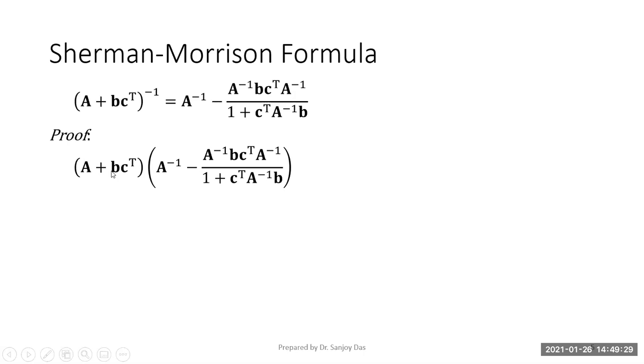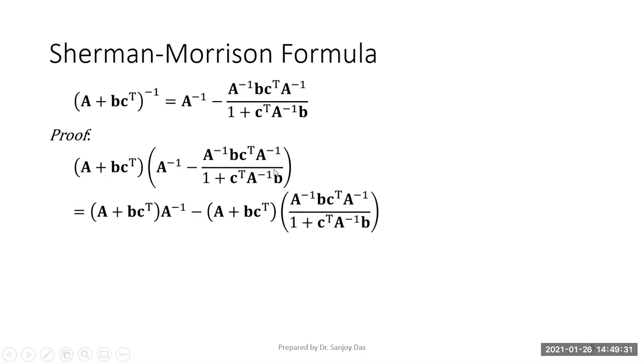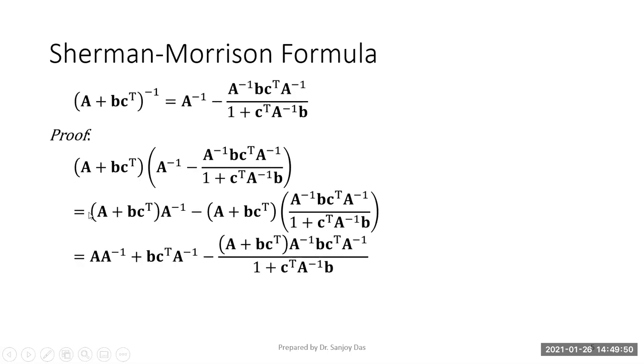So the first step is we open up this second parenthesis. So (A plus BC transpose) A inverse minus (A plus BC transpose) times the whole thing, A inverse BC transpose A inverse over 1 plus C transpose A inverse B. Okay. Then we open up this parenthesis here. First, this is AA inverse plus BC transpose A inverse, then minus.